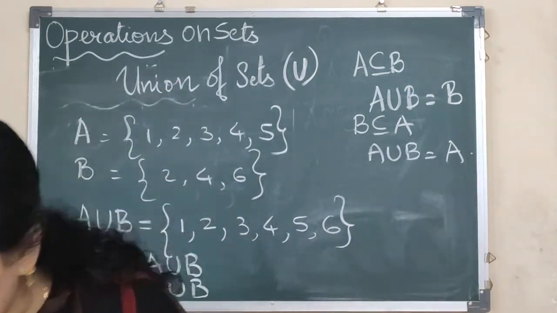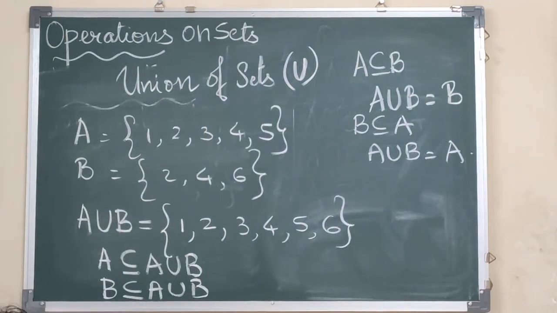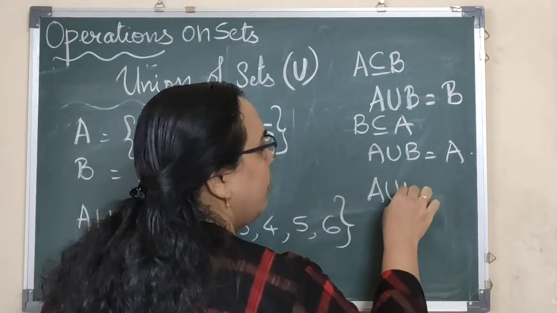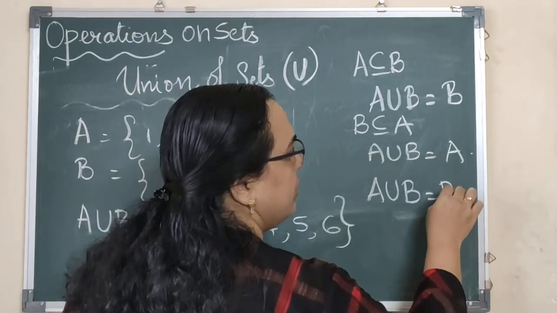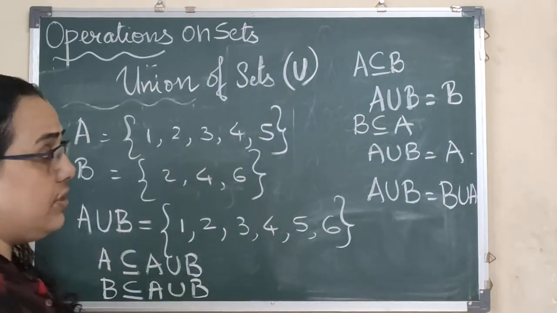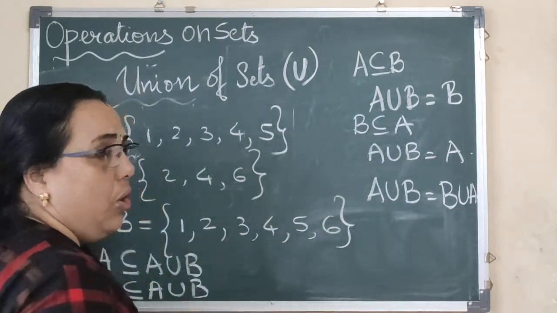Is this very clear? All these properties are there for you in the textbook, page number 14. Same way as we had seen the commutative property, here also we have A union B is equal to B union A, the properties one after the other. And I have just written all these properties already.